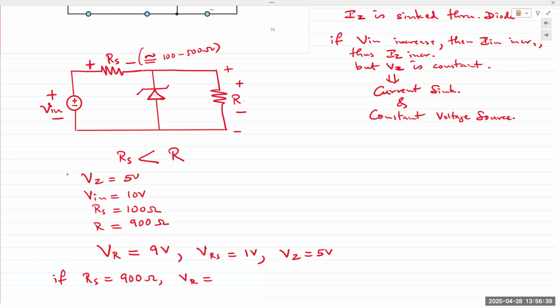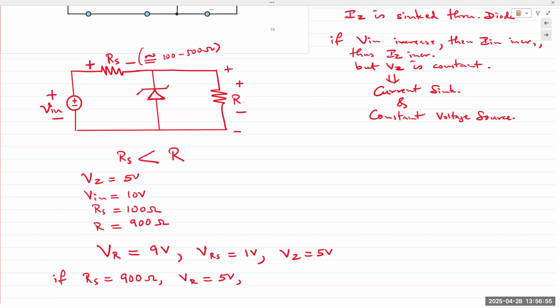It's two equal resistors, a voltage divider network. Voltage gets divided in half. VR is 5 volts. Zener diode will still work. In real life, it may perhaps not work. In an idealized circuit, it may work.